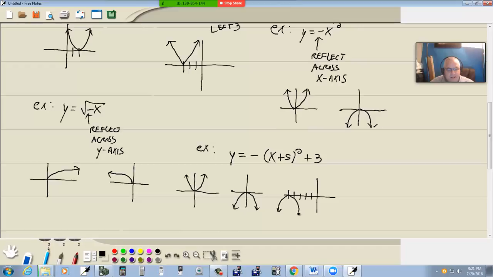So it would look like that right there. And then the plus 3 means we go up 3. 1, 2, 3. So from there I shifted up 3 units, and my graph would look like this. So again, just by using the shifts, the transformations, I'm very quickly able to come up with a sketch of the graph.